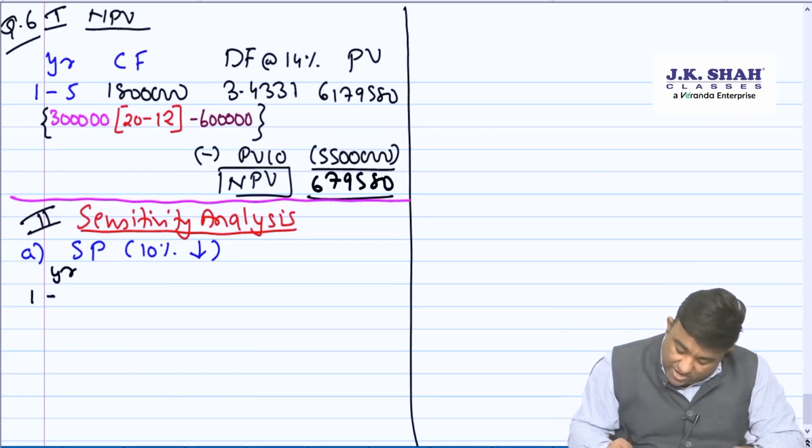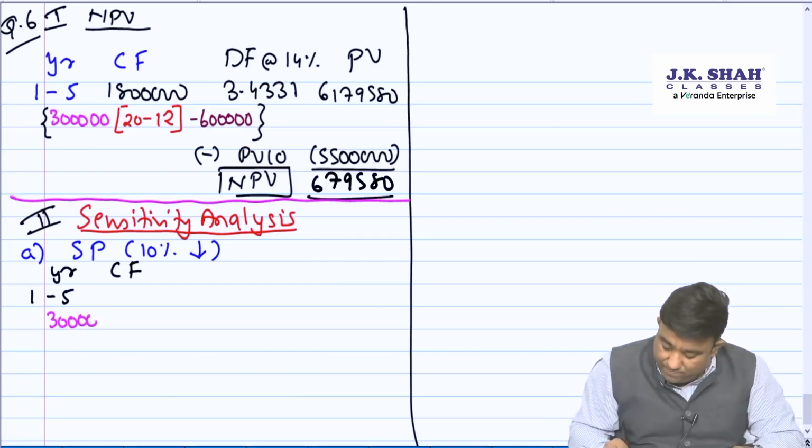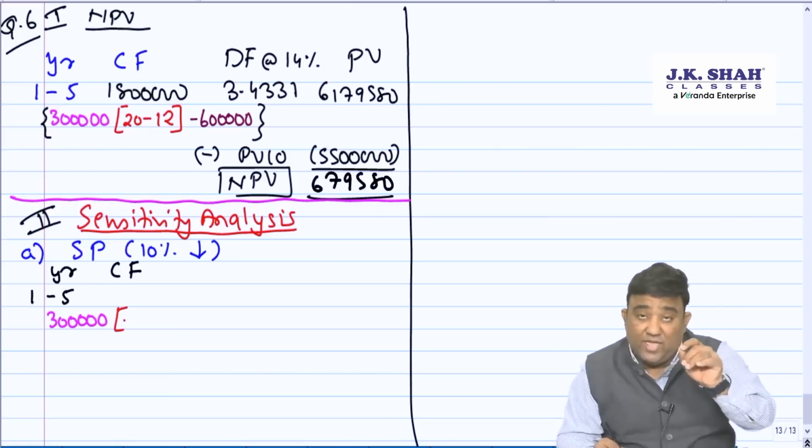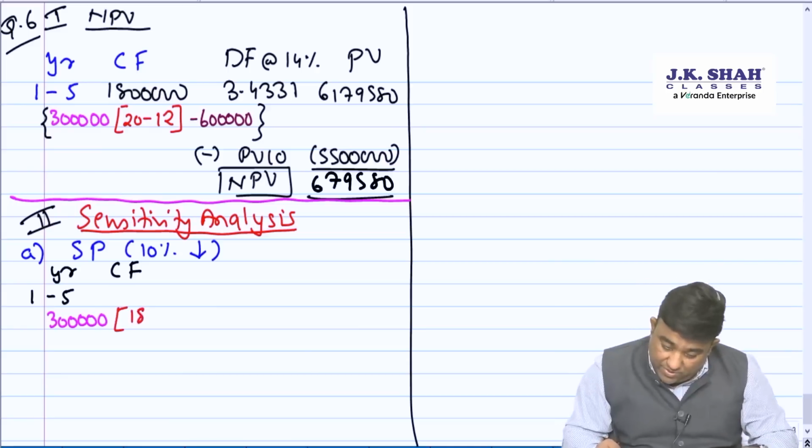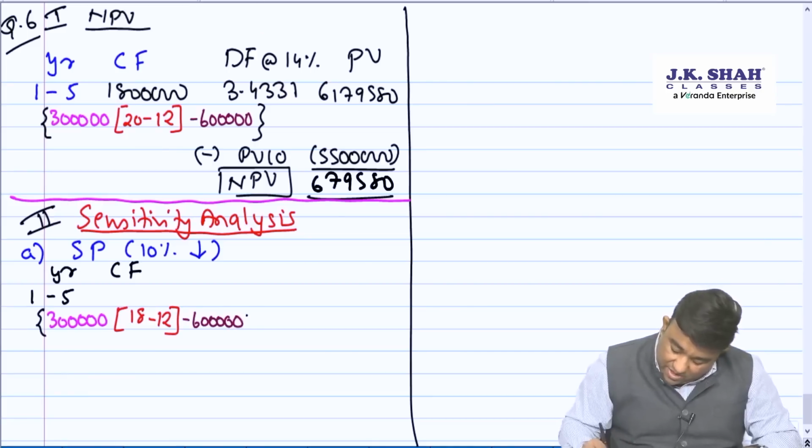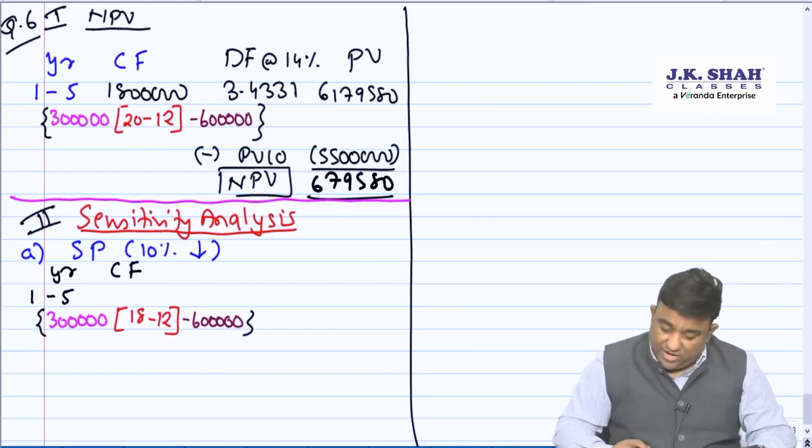Here, years 1-5, cash flow. Student, be clear. Units are the same, but what has changed? Instead of 20, it is a 10% decrease. It is going to be 18 minus 12 and fixed cost is constant. Are you getting the point, everyone? So student, can I have my revised answer? That is 18 minus 6.